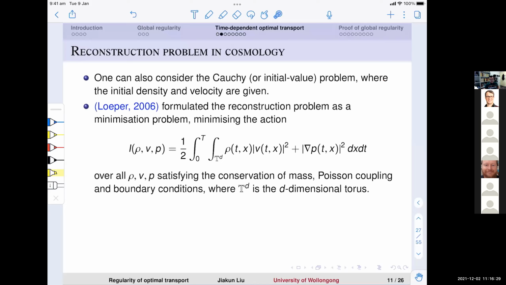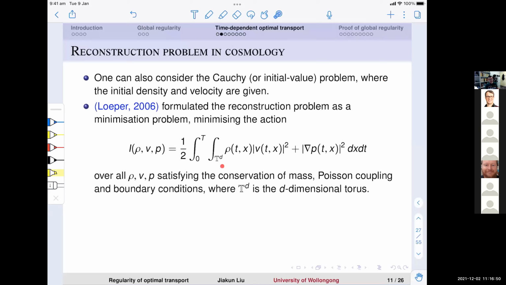Actually, Grégoire himself in 2006 formulated the above reconstruction problem as a minimization problem. The problem corresponds to minimizing the following functional, which is the action. As you can see, it has two parts.